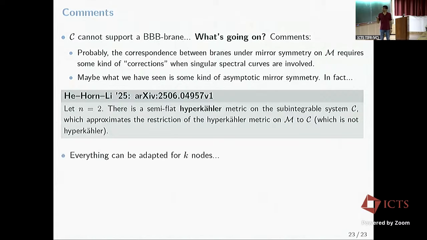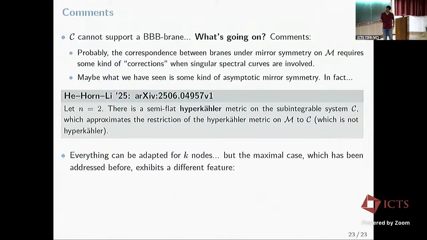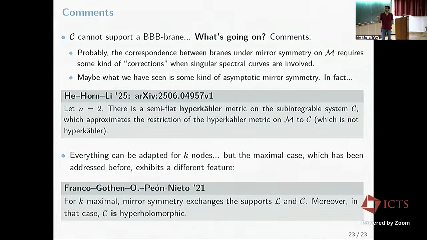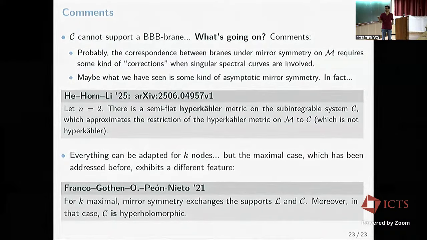Just to finish, everything can be adapted for any other number of nodes. But remember that the number of nodes was limited above, so there is a maximal number of nodes. And this maximal case has been studied before, actually, by me, Emile Franco, Peter Gothen, and Ana Peón.